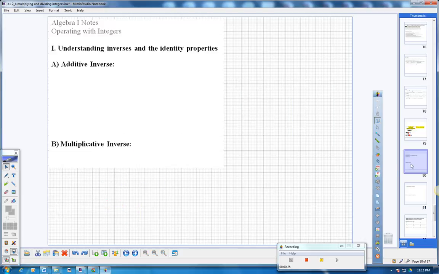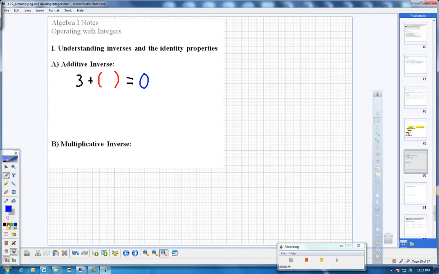You know, it might be better to also explore some additive inverses, just so you can get a feel for what an inverse is. An additive inverse would be any number that we could add to another number to get the identity element of addition. What's the identity element of addition? 0.